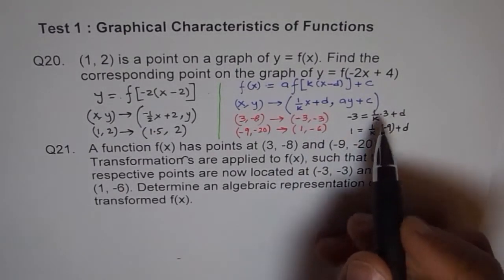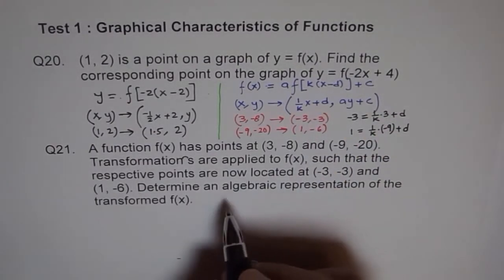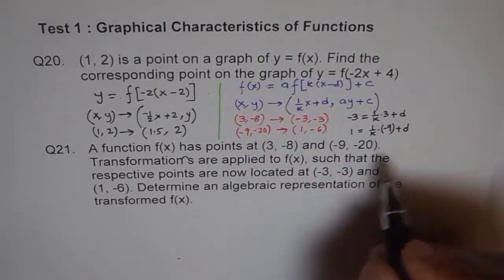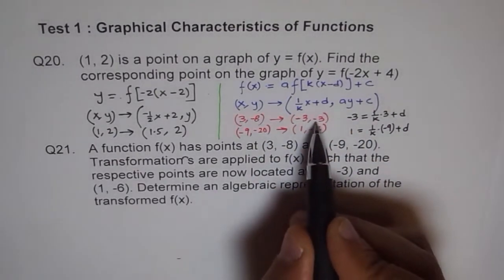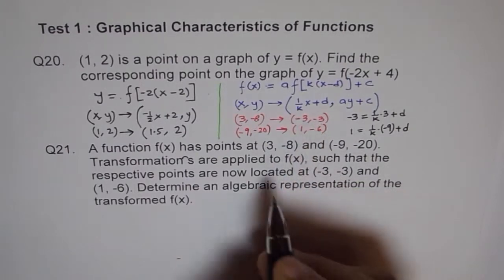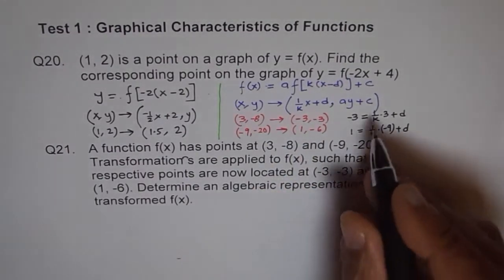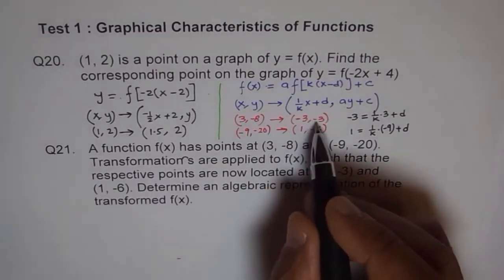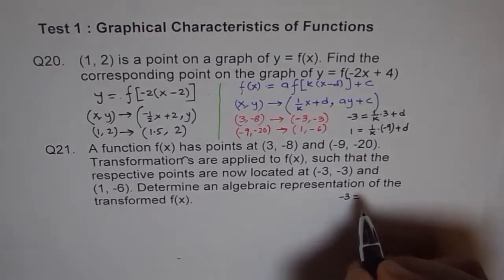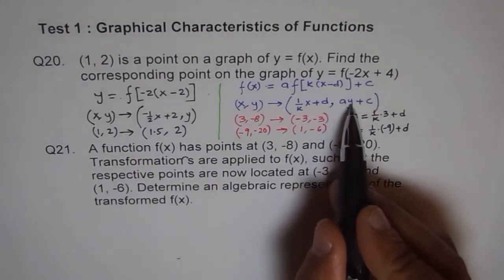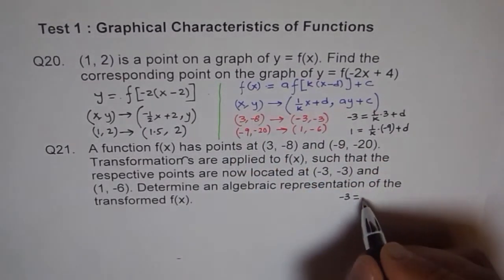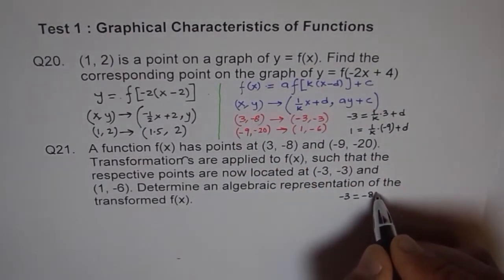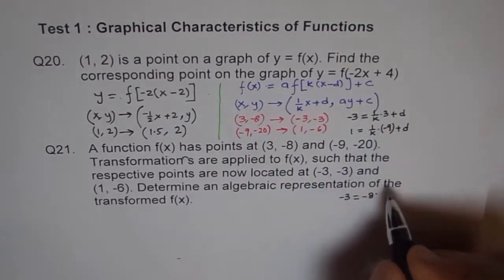Let me write down my y equations on this side. Minus 3 is my y value. So minus 3 is equal to a times the original y value, which is minus 8, so I'll write minus 8 as my y, times a.